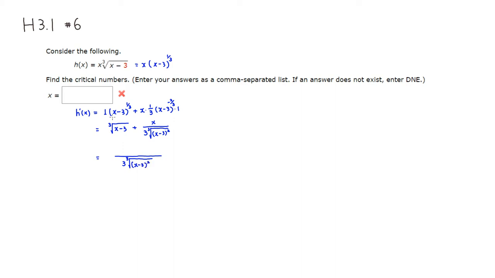If you take the common denominator, you're going to have a 3 times the cube root of x minus 3 squared. If you multiply the first term by 3 times the cube root of x minus 3 squared, you get 3 times x minus 3, which is 3x minus 9.